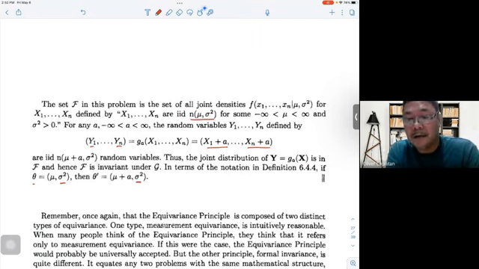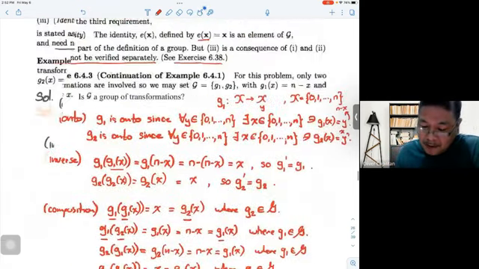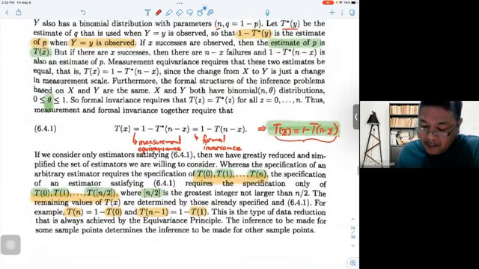The other values of our function t are already specified, since we have shown that the equivariance principle can be applied to the problem. That is what we got from the equivariance principle in this problem.